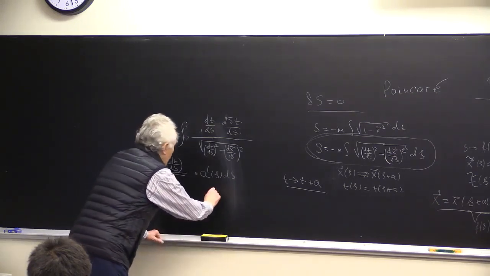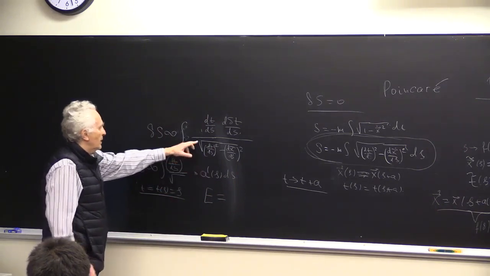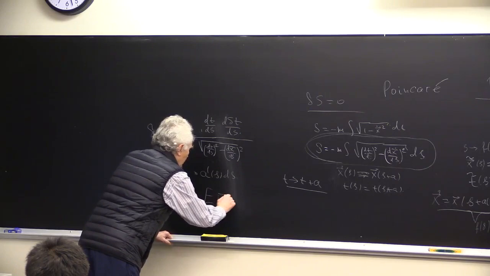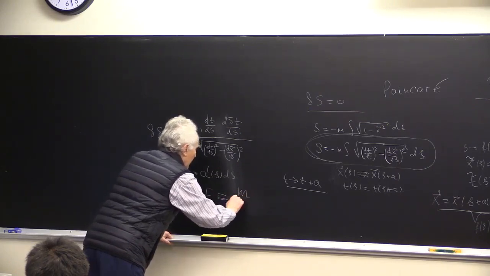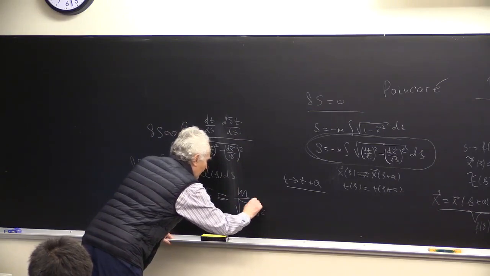And we immediately see that the energy, which is the coefficient in front, is proportional to, well, the proportionality coefficient is just the mass, square root of 1 minus v square.